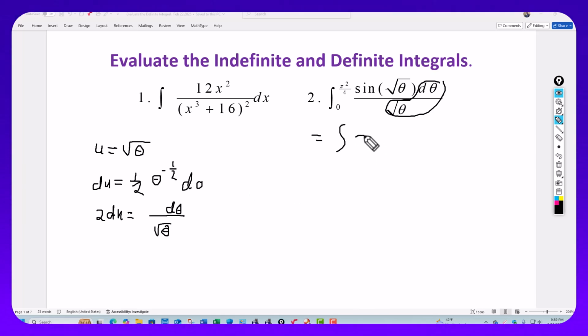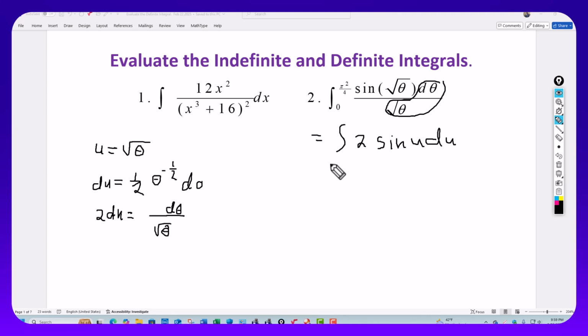So I can write this as 2, and this is replaced by du, and the sine of the square root of theta is sine of u, since the square root of theta is u. So the d theta over the square root of theta becomes 2 du, and there's my du, with the 2 over here.